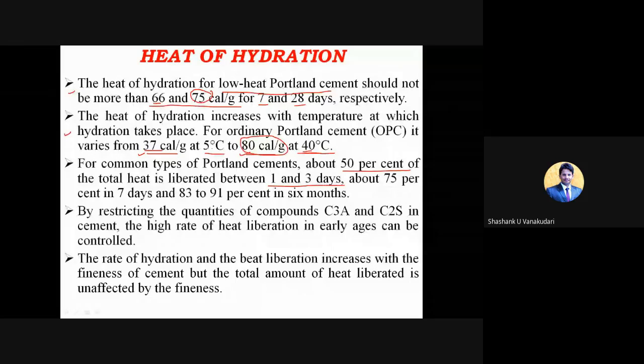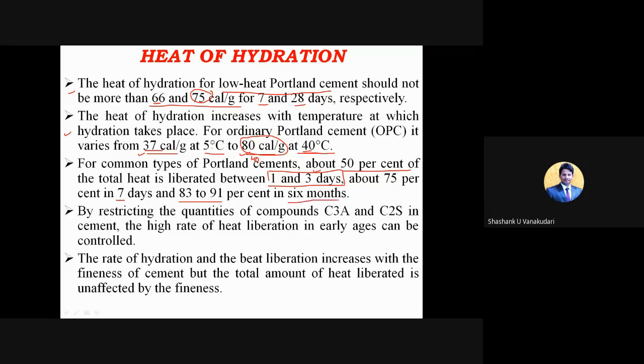Within 1 to 3 days, of the 80 calories per gram, 50% means 40 calories per gram is liberated. But 75% is liberated in 7 days, and 83 to 91% in 6 months. So 50% completes in 3 days, 75% of the heat in 7 days, and then 83 to 91% of the heat in the next 6 months.